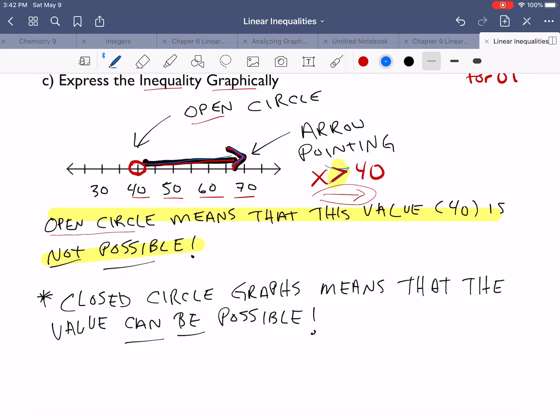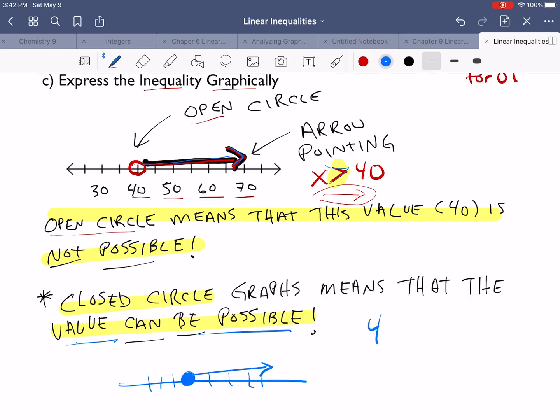Closed circles on the graph, which is the next line here, mean that the value can be possible. So the next type of graph is if we had a line graph and you found the spot and you colored in the dot like this, and then you made your arrow go whatever direction you needed. Now, Bob's graph doesn't have a closed circle because the value is not possible.